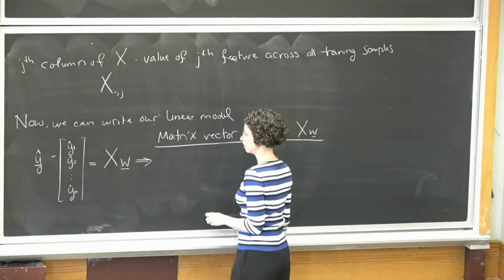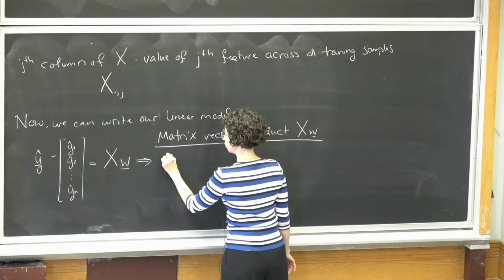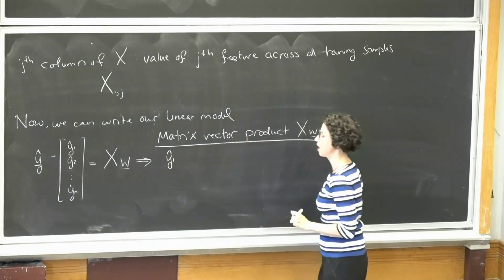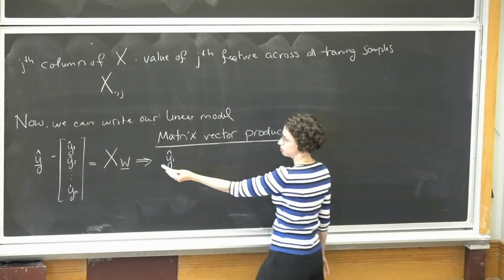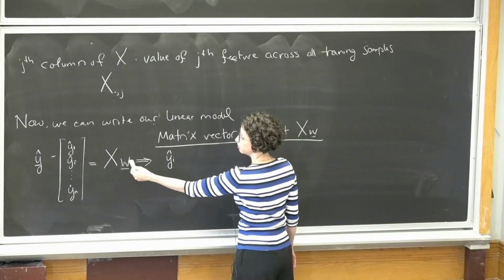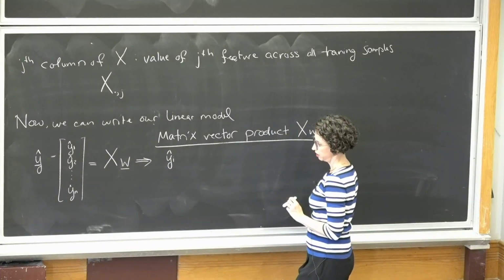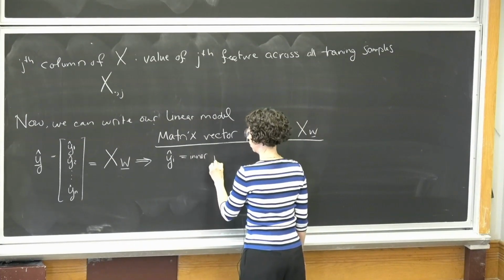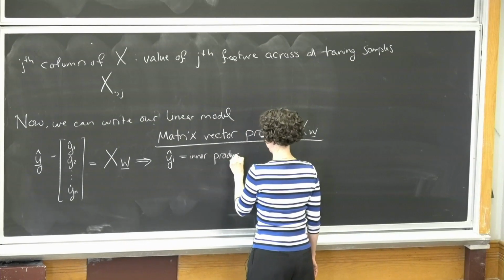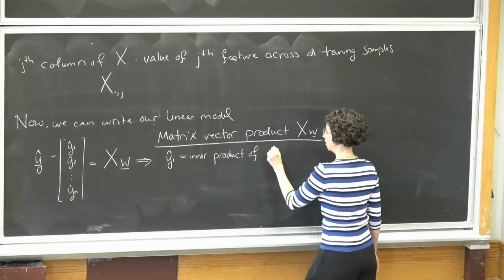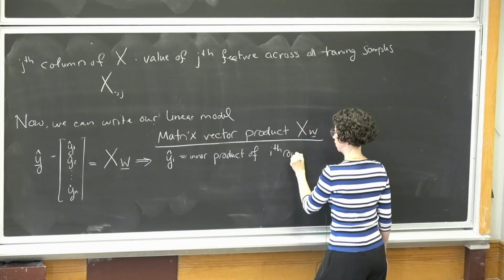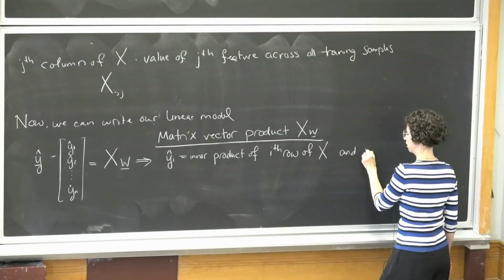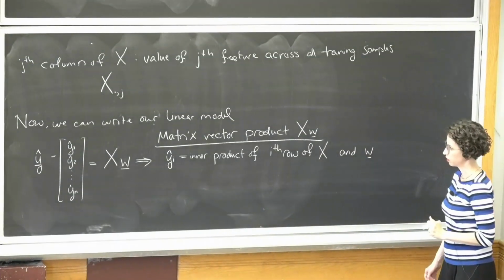So what this means is that if we were to look at the ith entry of y hat, so the ith entry of the result of doing this product, then this is equal to the inner product of the ith row of x and this weight vector w.